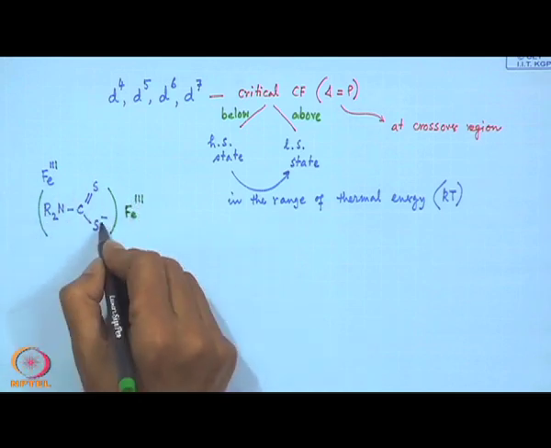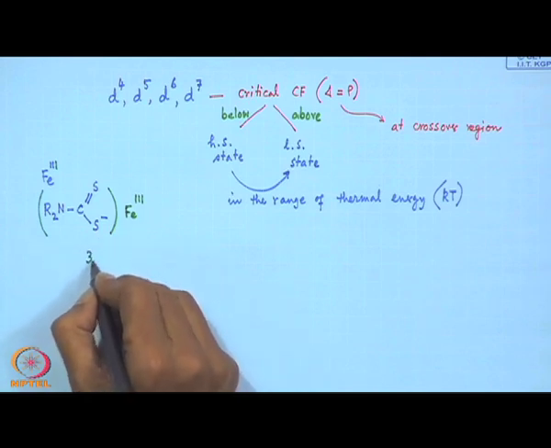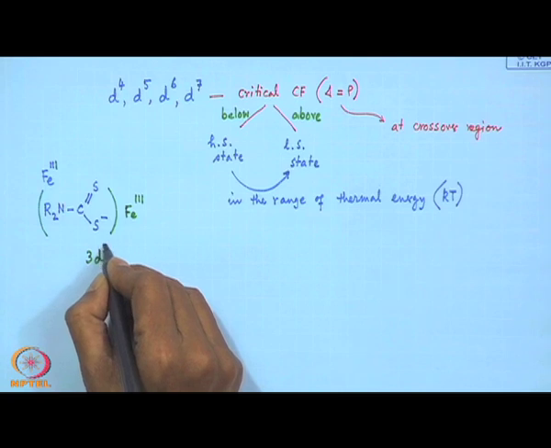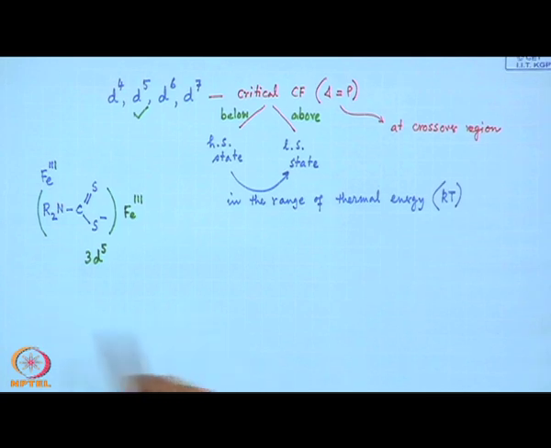These ligands are mononegative, so the charge is balanced and it is a neutral compound. Now for the next one, the 3D5 situation, these R groups can be of different types depending upon the corresponding amine.